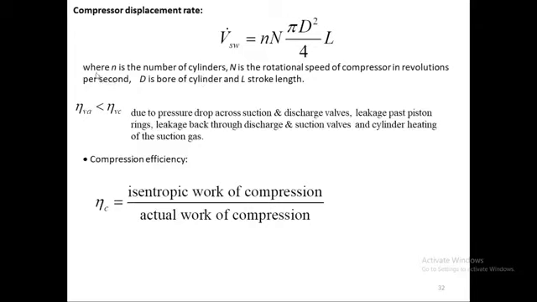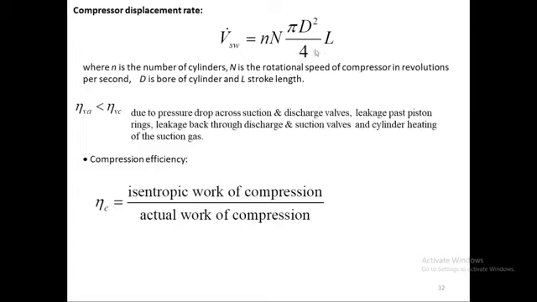So, small n is the number of cylinders, capital N is the rotational speed of the compressor in revolutions per second. Sometimes in a numerical it is given as RPM, revolutions per minute, so you have to keep an eye on that so that you can change it to revolutions per second. D is the bore of the cylinder, L is the stroke length.